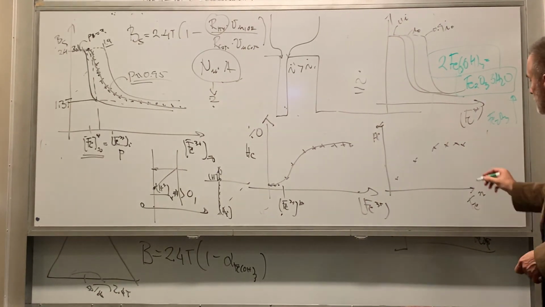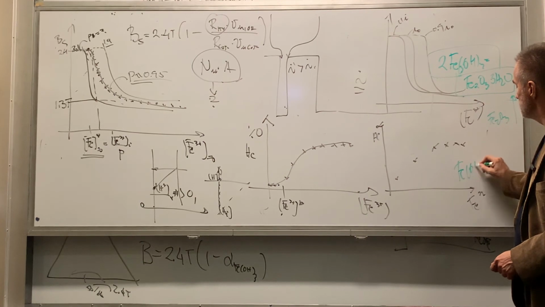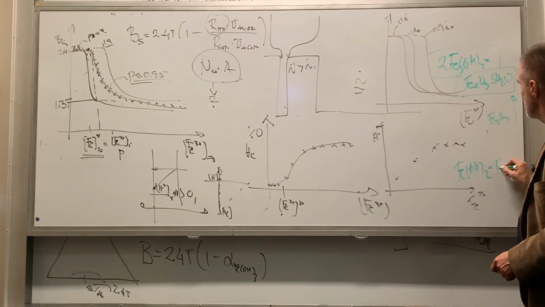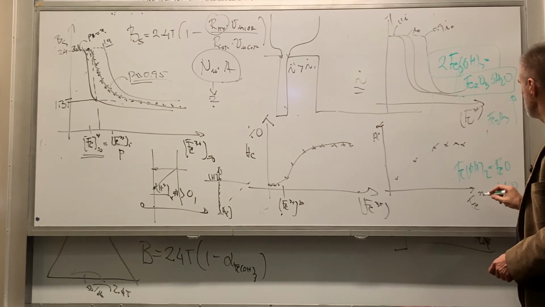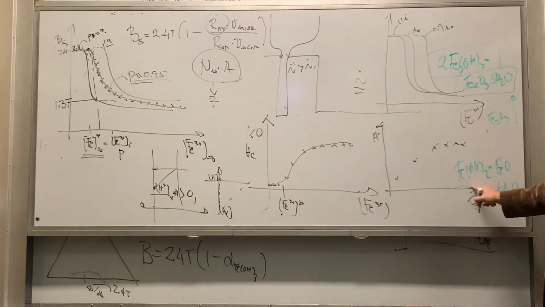And Fe(OH)2 is basically FeO plus H2O. So if you heat up this hydroxide, you're going to get FeO. Right. So no problem.